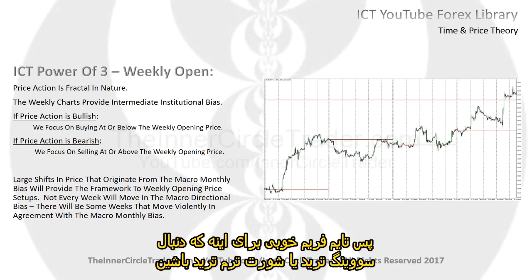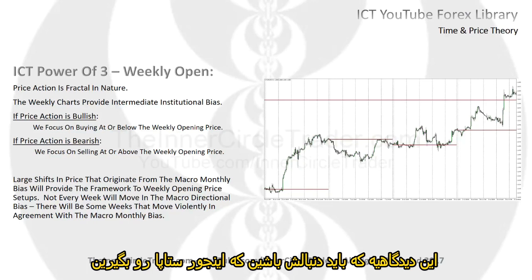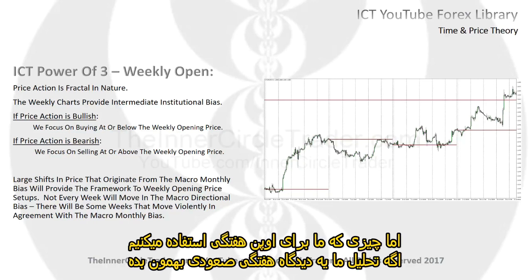So it's a pretty good time frame to look for swing trades or even a little bit longer-term, short-term trades, not just 1 or 2 day trades in duration. Longer term, like 2 weeks to a month, this is the perspective you want to be looking for to get those types of setups.